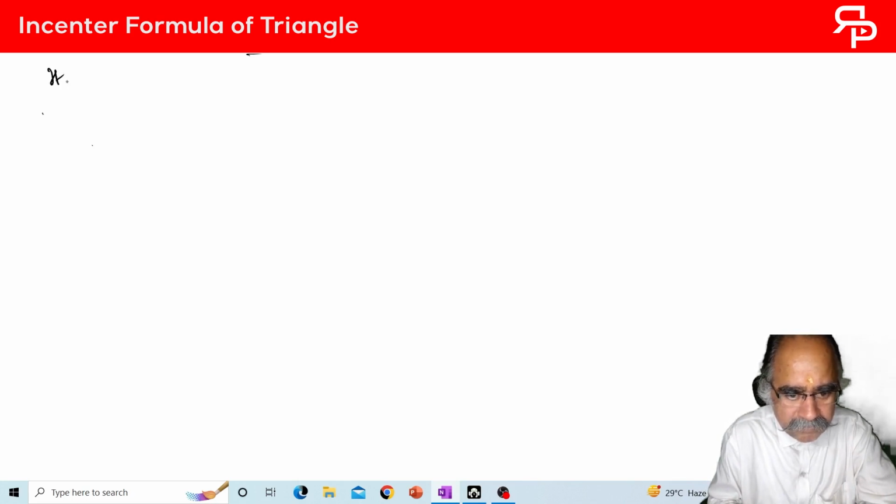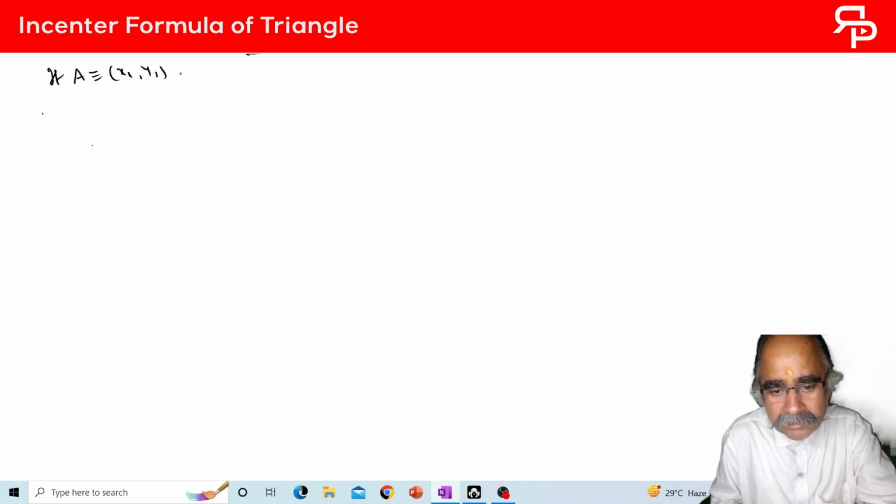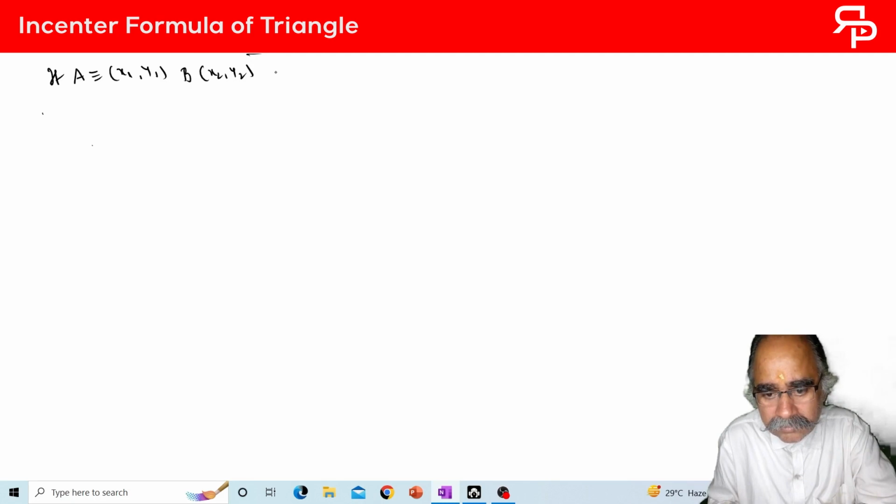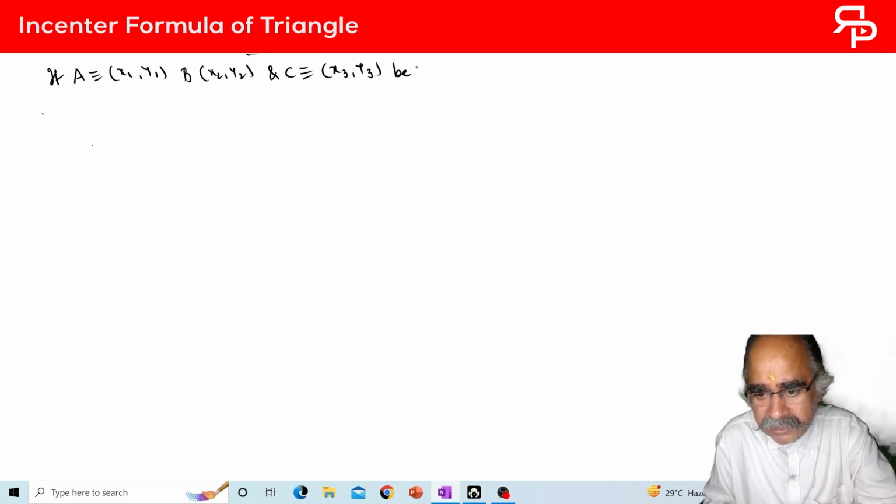If A corresponds to (x1, y1), B corresponds to (x2, y2), and C corresponds to (x3, y3) are the vertices of triangle ABC.